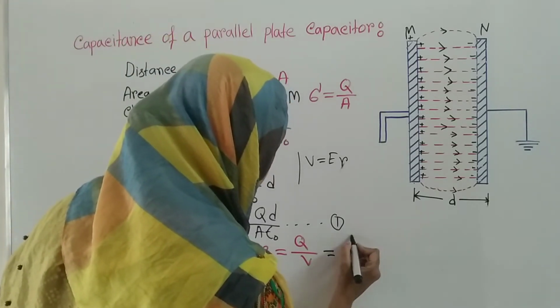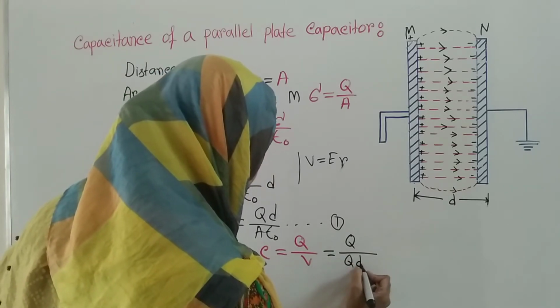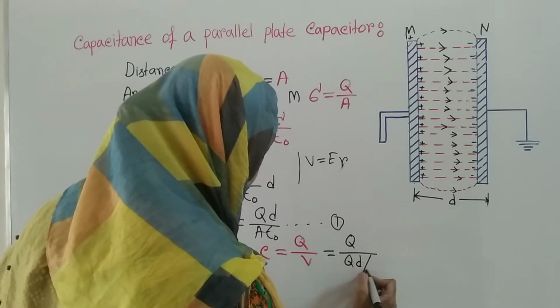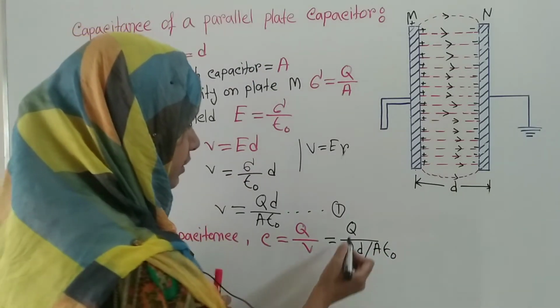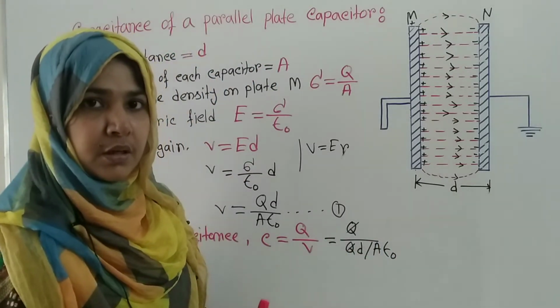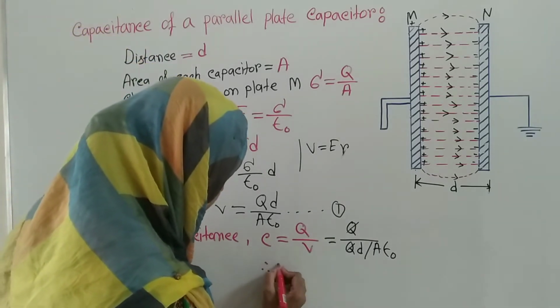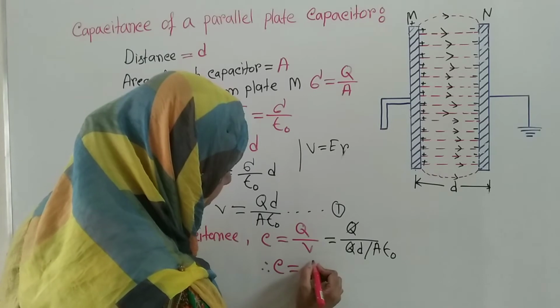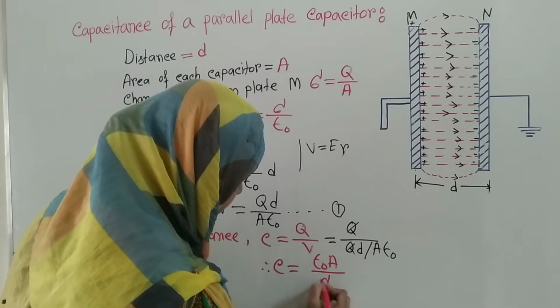We can write Q divided by QD by A epsilon naught. Here you can see that Q and Q cancel from both sides. So we can write that C is equal to epsilon naught A divided by D.